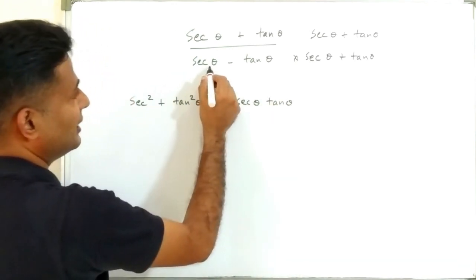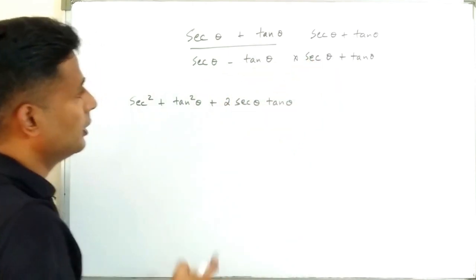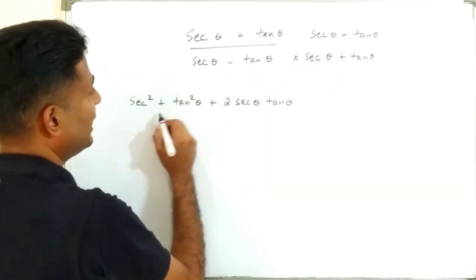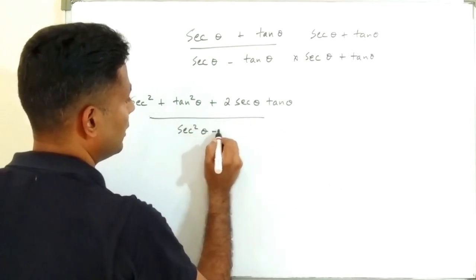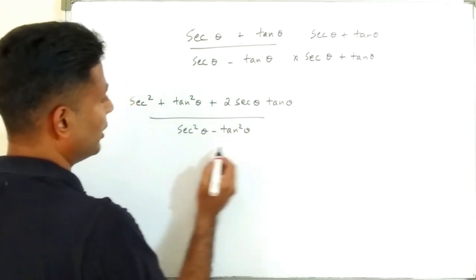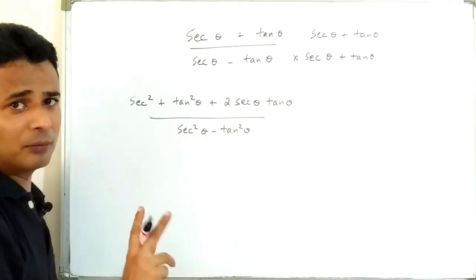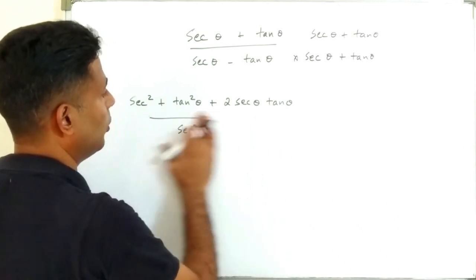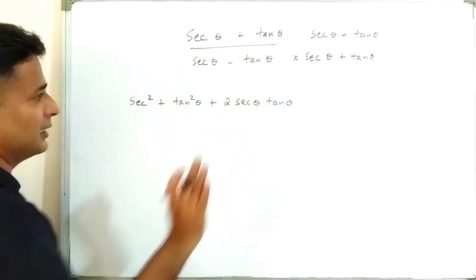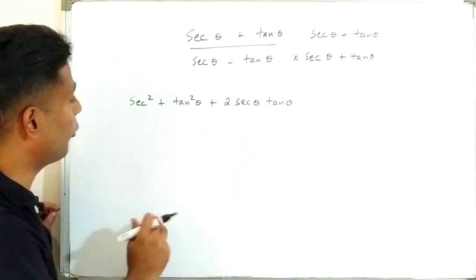And down what we get is a minus b into a plus b, so a square minus b square. So sec square theta minus tan square theta. If you observe, this is nothing but 1, because 1 plus tan square is sec square. So sec square minus tan square is 1. So you get by 1, which means this is the simplified form.